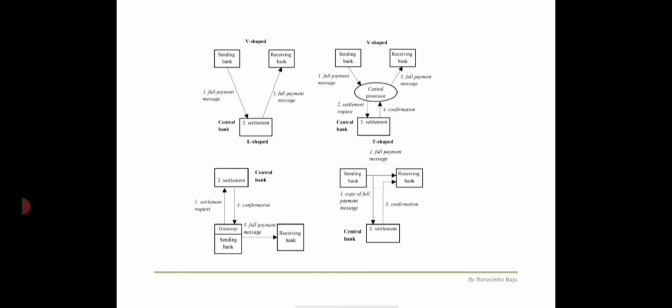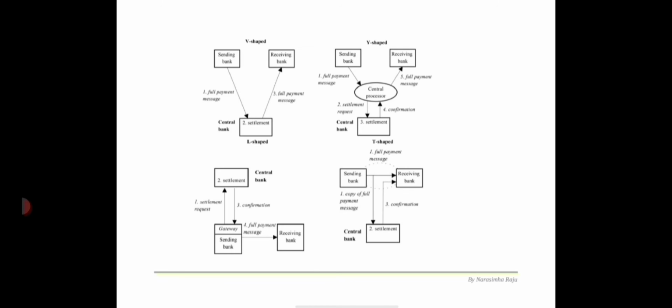This means that the receiving bank will first receive the full unsettled payment message immediately after the sending bank has dispatched it, and will subsequently receive a confirmation message from the central bank once settlement has taken place.